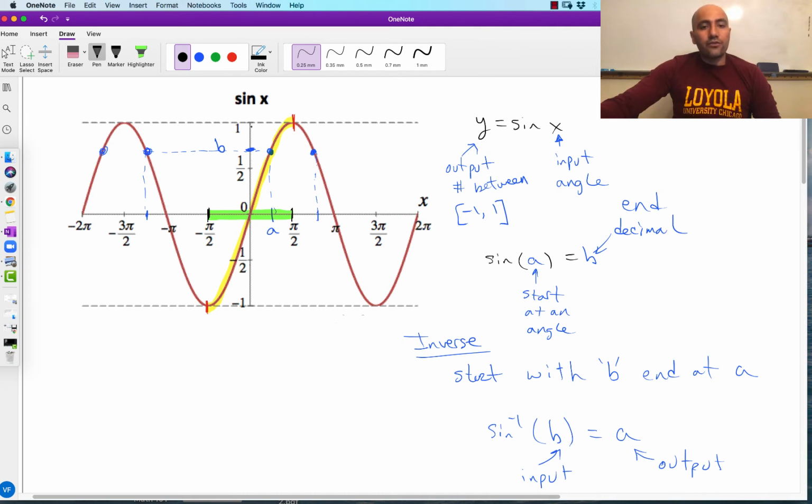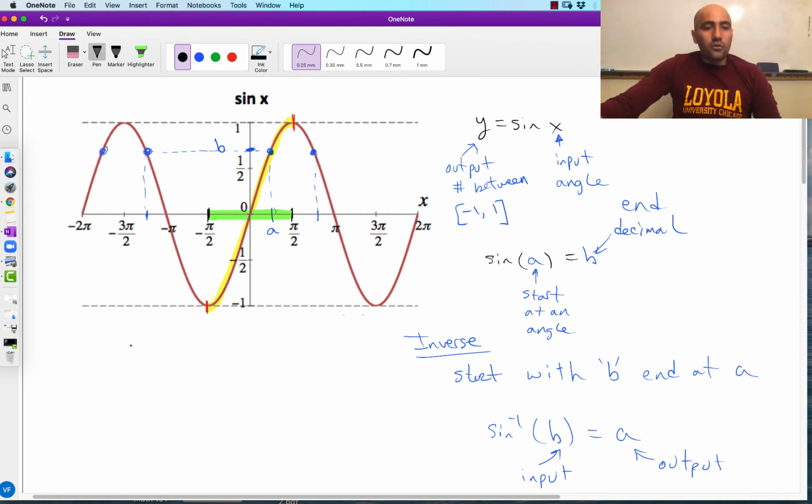So for every unique decimal here between -1 and 1, there will always be one unique angle within the green such that sine of that angle equals our output value. That's called being 1-to-1. Within the restricted domain, the sine function becomes a 1-to-1 function, which means that the inverse exists.